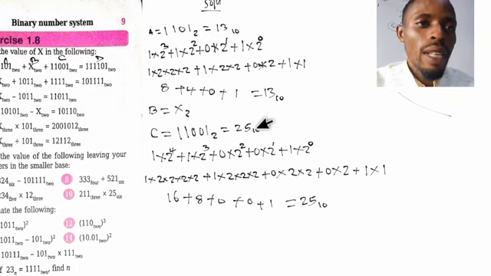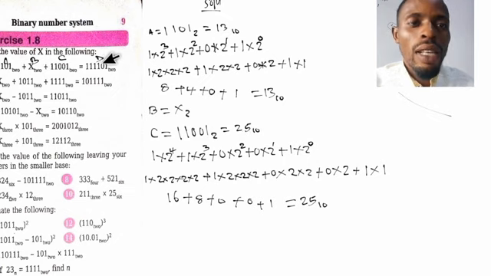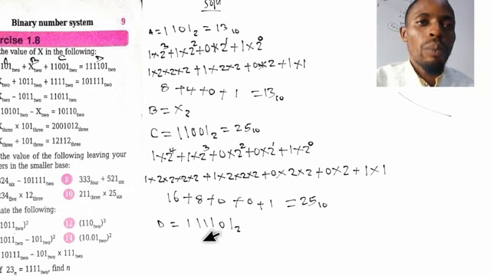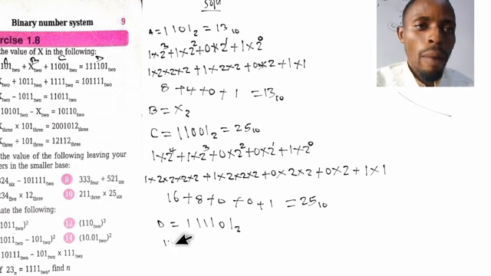So the last one, let's cover this D. We have D equal to 1, 1, 1, 1, 0, 1 in base 2. So let's convert this to base 10 the same way we did this. We take the first one, that is 1 multiplied by the base, that is 2, plus 1 multiplied by the base 2, plus 1 multiplied by the base 2, plus 1 multiplied by the base 2.